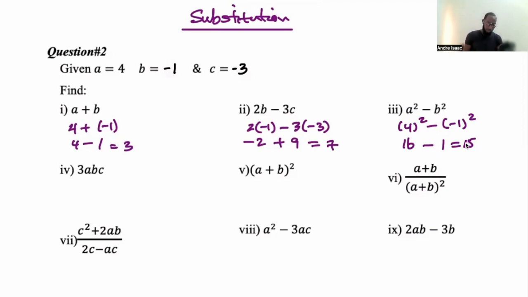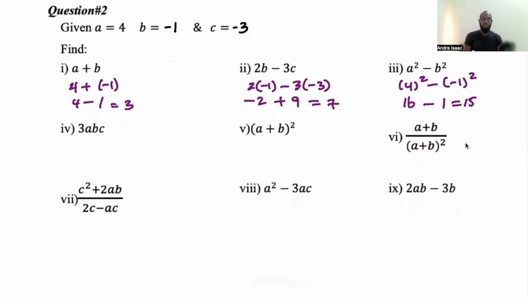All right, 3abc. That means 3 times a times b times c. So we have 3 by a, which is 4, by b, which is -1, by c, which is -3.